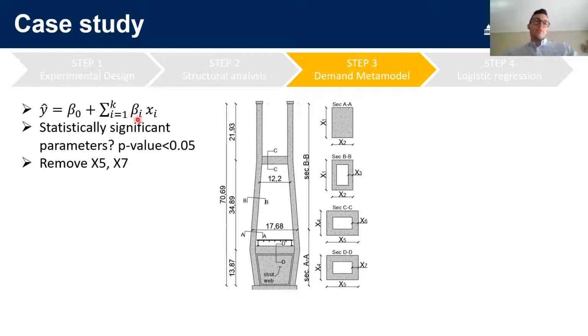The first step consists in performing a linear regression analysis in order to identify which of the design parameters are statistically significant in determining the peak responses we selected.